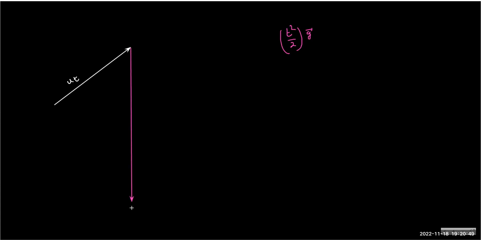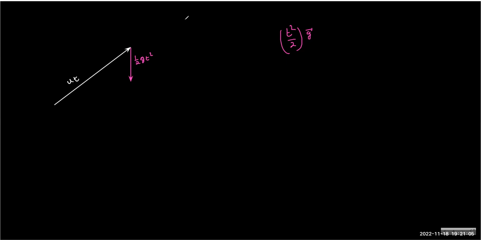And it will keep on growing like this. Let me keep it up to here. So this length is called half gt square.